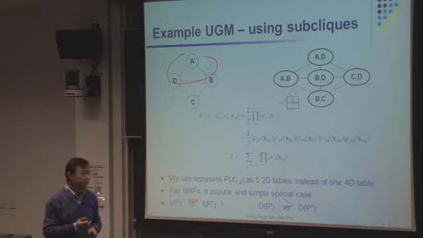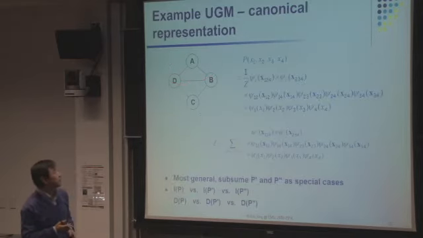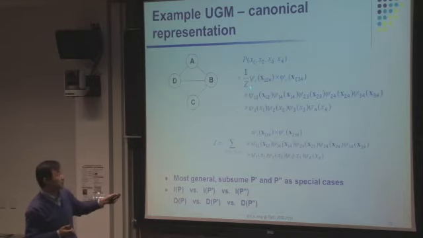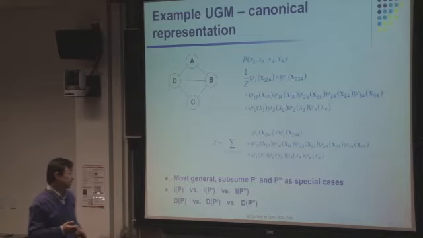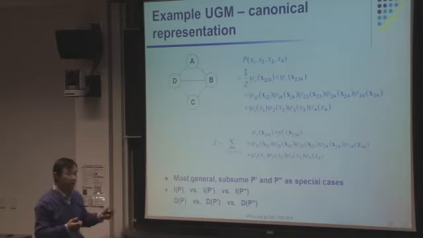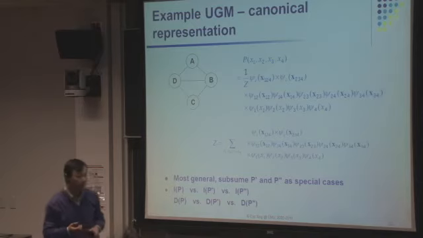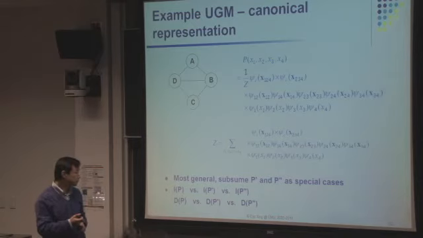And just for completeness, I can always have this so-called canonical representation where I put parameterization on all the cliques, the triplets, the pairs, and the singletons. That's fine. It gives you the most complete representational power, but at the cost of a heavier representational burden. And you can work out these relationships by yourself as well.